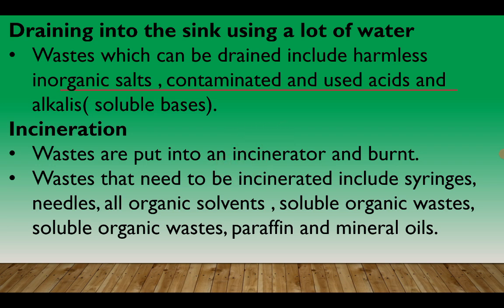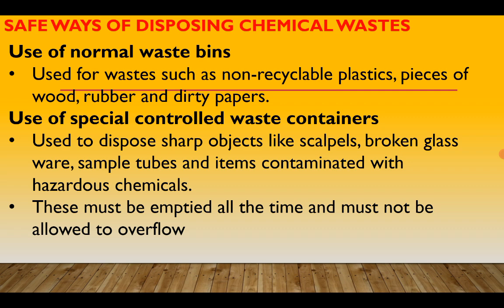Very important. So we are saying once again, we can dispose of wastes by using normal waste bins. For example, disposing of non-recyclable plastics, pieces of wood, rubber, and dirty papers. We can use waste bins just to collect them, and transfer the bin with the wastes in it to a designated place away from the lab where they are finally disposed.